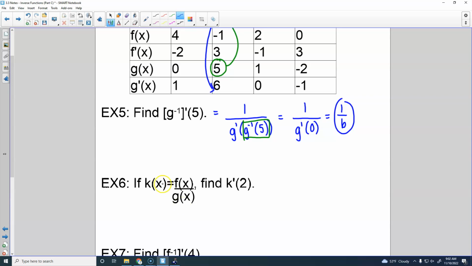So if I want to take the derivative of K, what have I got to use? Quotient rule. So I will say K prime of X is low D high, so that would be F prime of X, minus high D low, all over low squared.